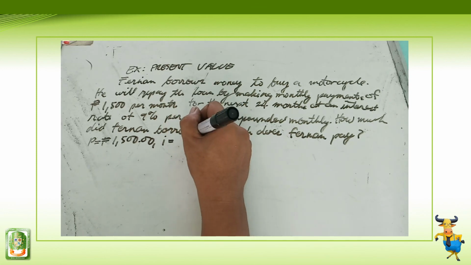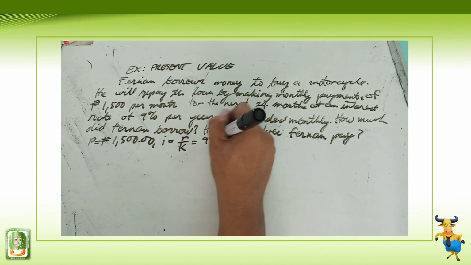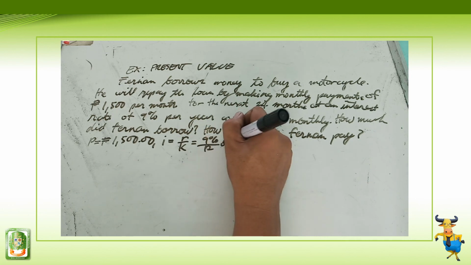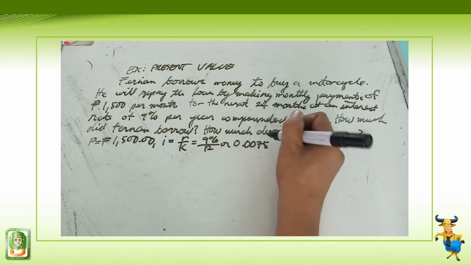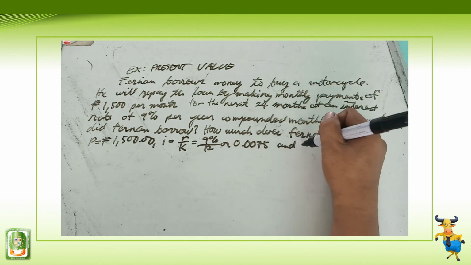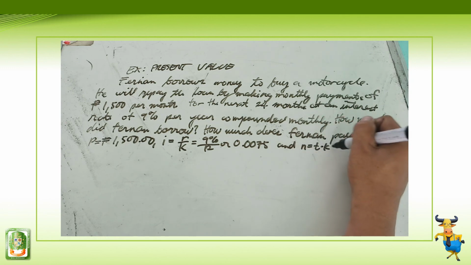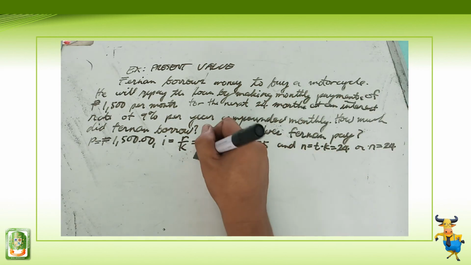The interest r over k is equal to 9% over 12 months or 0.0075. So, ilan na months yun? So, n is equal to t times k is equal to 24 months, or simply n is equal to 24.